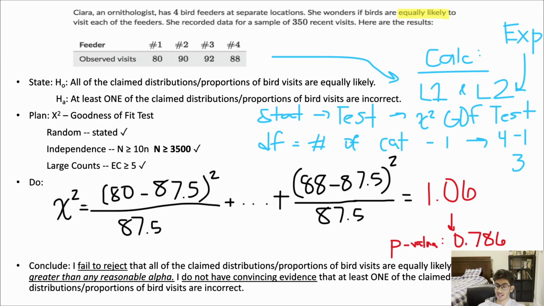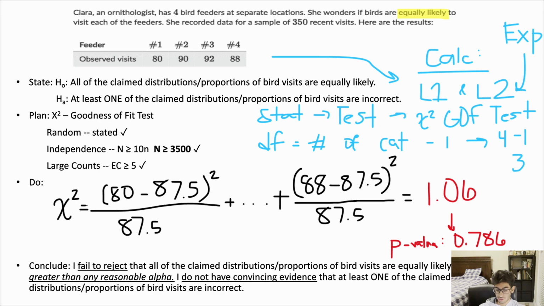And you go to stat, test, chi-square goodness of fit test, since this is goodness of fit. Your degrees of freedom would be 3, because degrees of freedom is the number of categories minus 1. Since we have 4 categories, minus 1 is 3. So that's what you put. Then you should get your test statistic, which is around 1.06, and it should also give your p-value, which is 0.786.